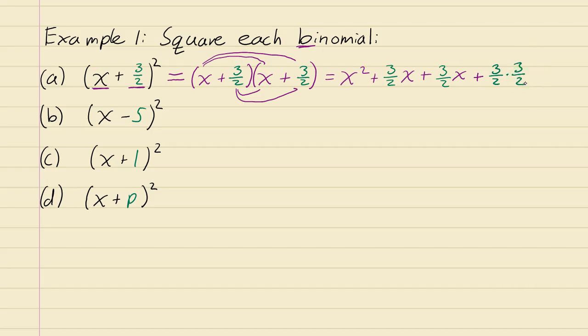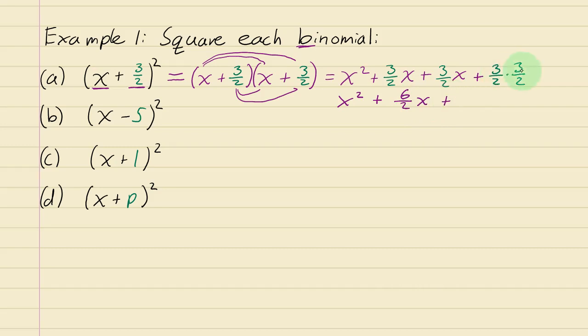And then we can simplify this a little bit. The 3 over 2 plus 3 over 2, because these have the same denominator, we can just add them up and write it as x squared plus 6 over 2 x.